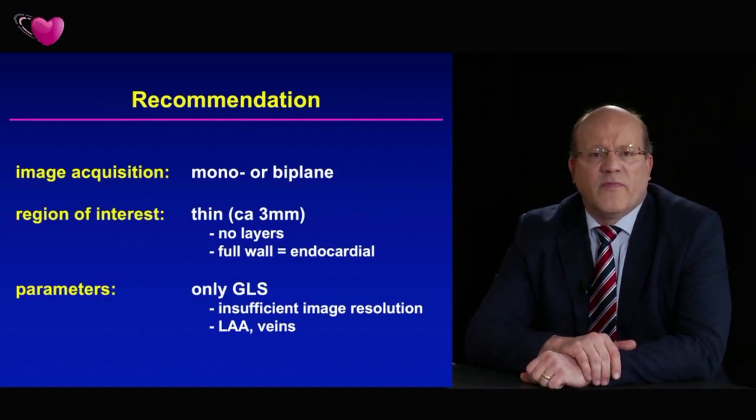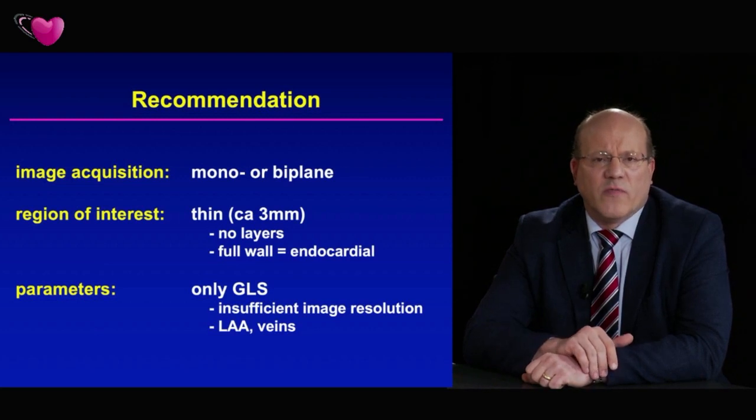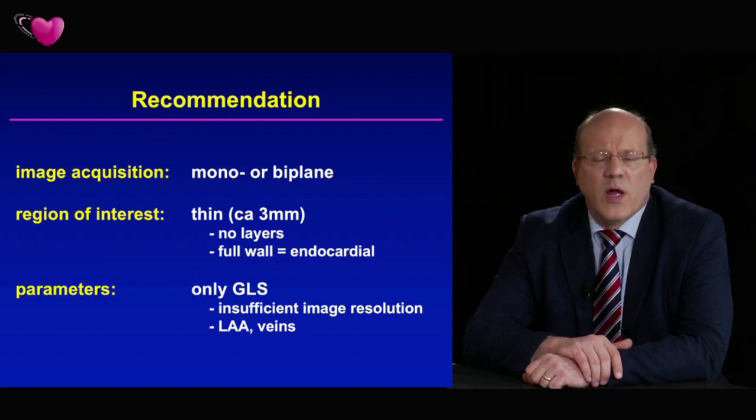Similar to the ventricle, we can have some conventions how to do that. The image acquisition should be a 4-chamber view, maybe also a 2-chamber view to measure the atrium. The region of interest should be set very thin in the range of 3 millimeters. We do not consider layers, and the full wall and the endocardial are considered equal in this anatomical structure.